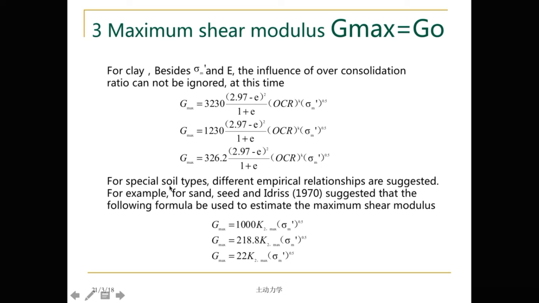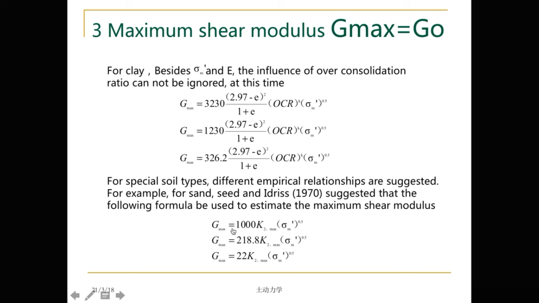For special soil types, different empirical relationships are suggested. For example, for sand, Seed and Idriss in 1970 suggested that the following formula be used to estimate the maximum shear modulus.